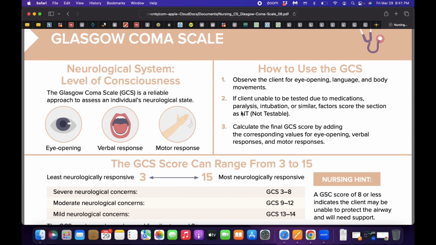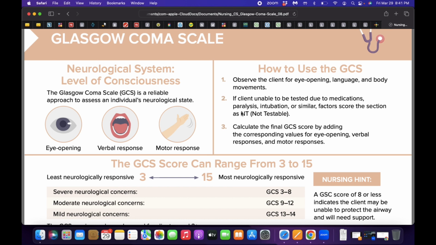Alert is how responsive you are to people talking to you and if you're able to understand what's happening in your immediate surroundings. Oriented means you know who you are, where you're at, what day it is, and other details related to the here and now.